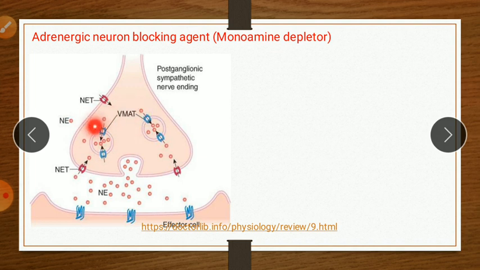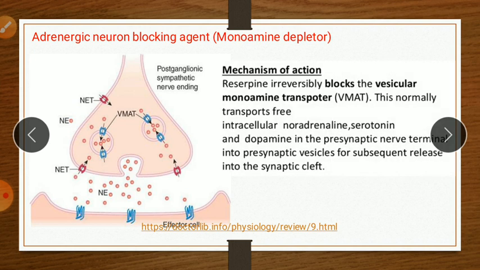So there is no storage of noradrenaline in storage vesicle, and the remaining noradrenaline present in cytoplasm is metabolized by the MAO enzyme, and automatically there is a decrease in the level of noradrenaline at the storage site. So the end result is depletion of noradrenaline in sympathetic neuron.